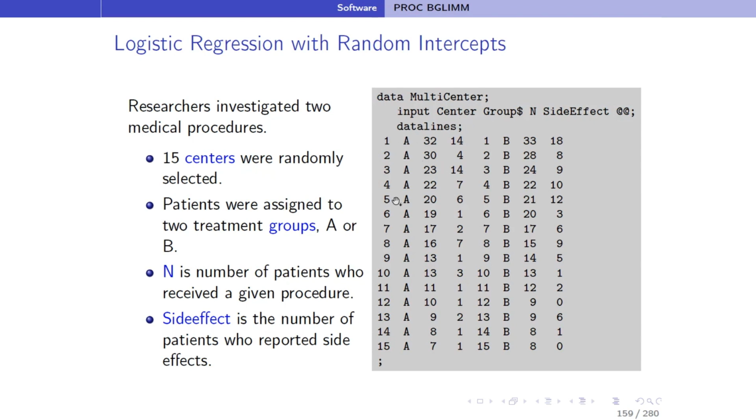The center goes from 1 to 15, and there are two rows, two columns. It's a longer data set here. 15 of them are given A, and 15 of them are given B in the same center. And you know the number of patients, and then the number of patients who reported side effects.